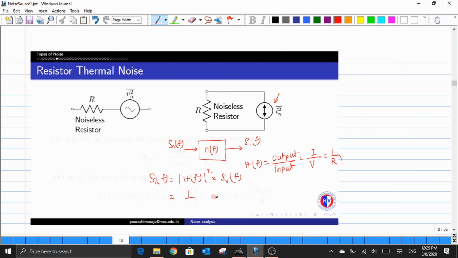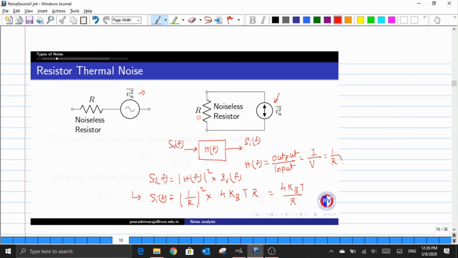And the value of this transfer function, when we put under modulus and then square it, we would end up having 1 by R squared, and that is being multiplied with the power spectral density of this voltage noise source, which is nothing but 4 kB T times R. So clearly there are some common terms that we have here. Once we cancel out those common terms, we would end up having 4 kB T divided by R, and that is the power spectral density of the noise current component.